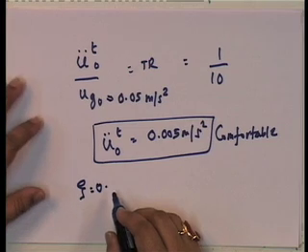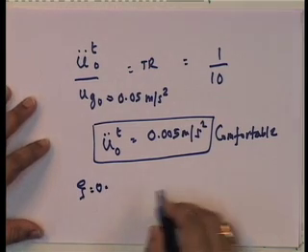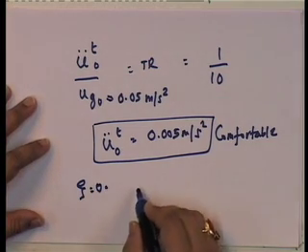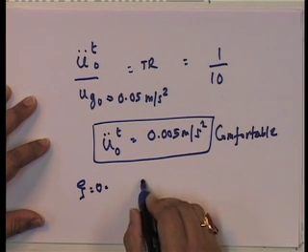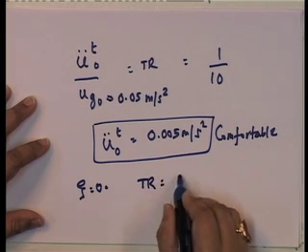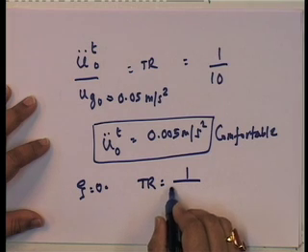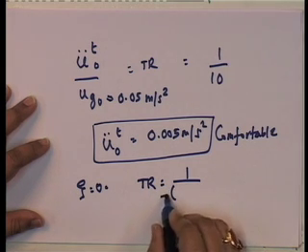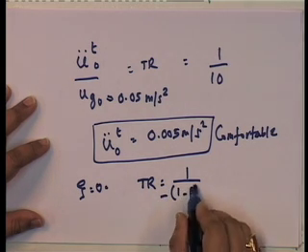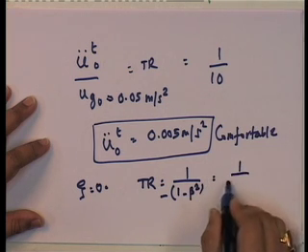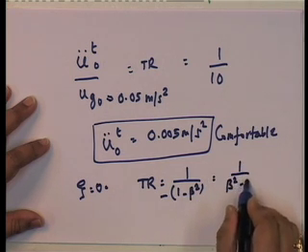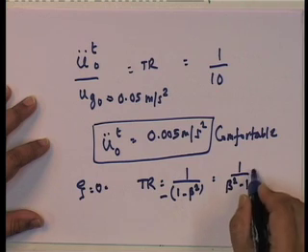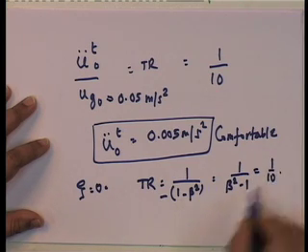If xi has to be equal to 0, then TR is equal to 1 upon minus 1 minus beta squared. In other words, 1 upon beta squared minus 1, which is equal to 1 upon 10.